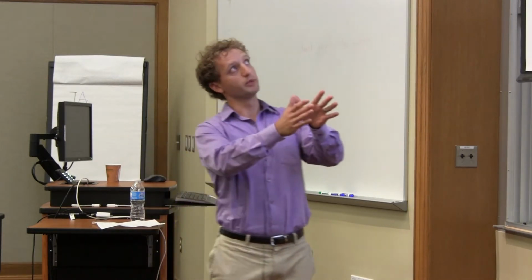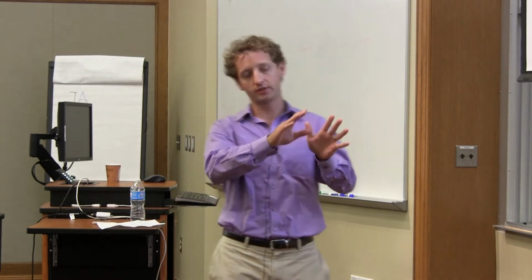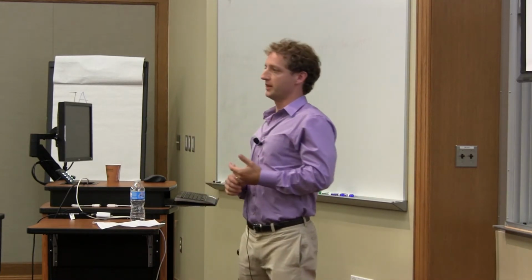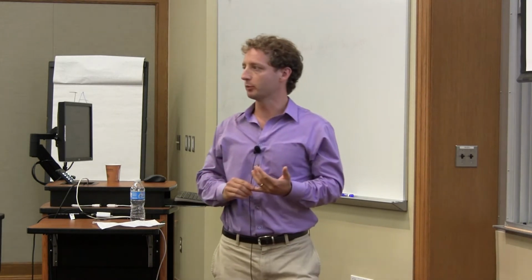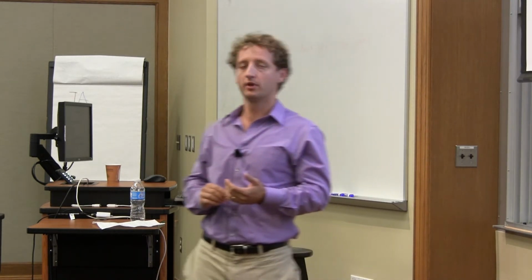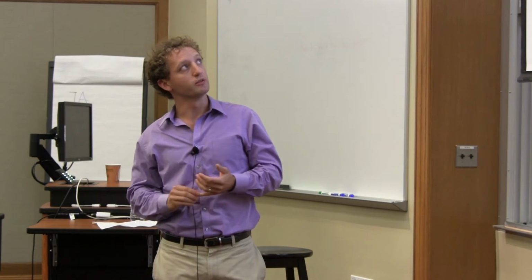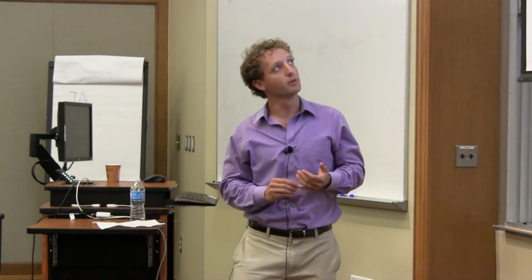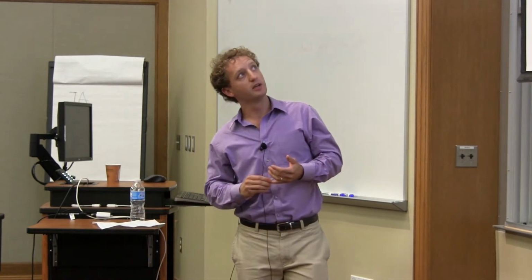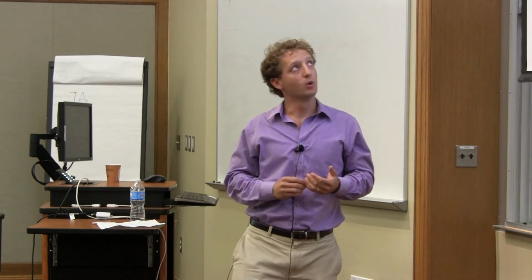So these are data for me. A data set is more than just the data. It's also the metadata, the information you need to actually understand what those representations of facts include.